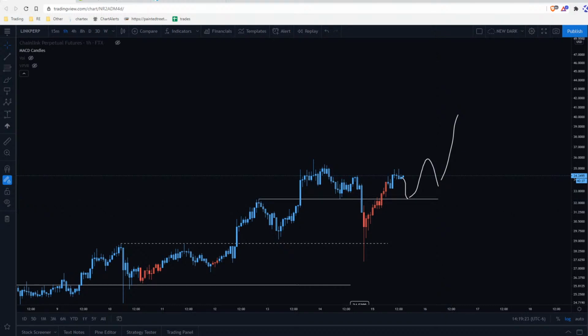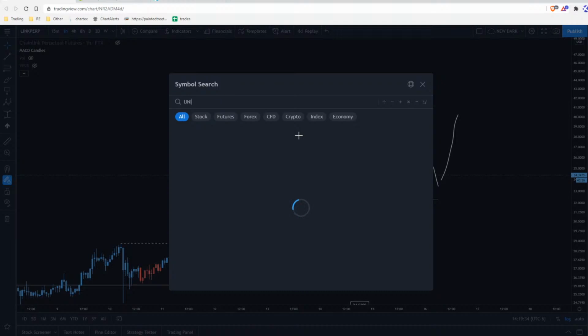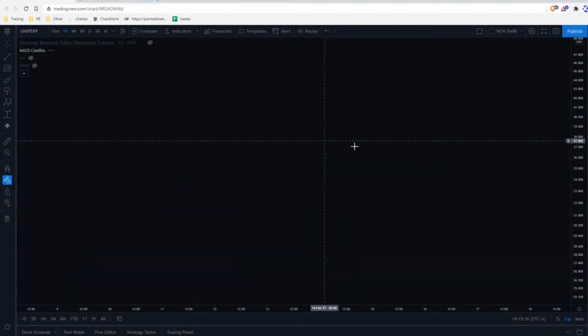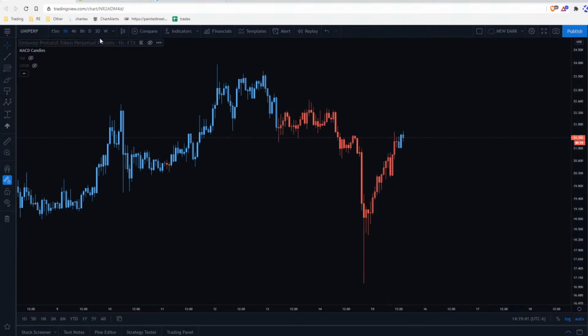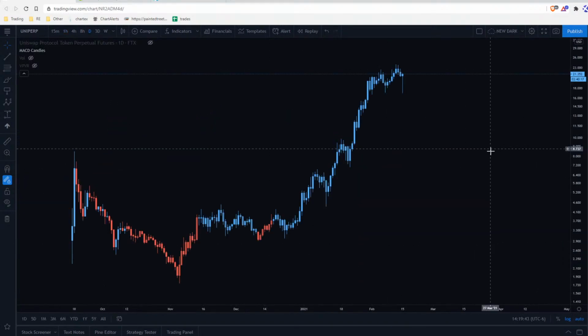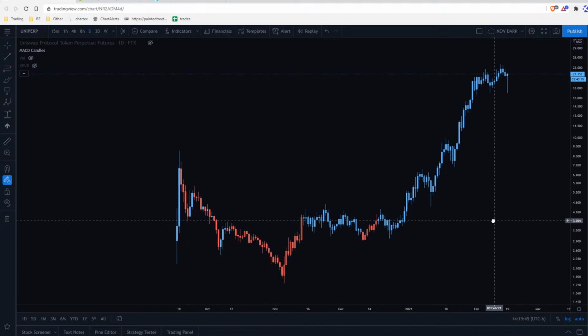So we're going to look at Uni. Let me know what else I've missed. NOIA, ORN. This one hit FTX pretty quick. Uni did. So we can start on the FTX chart, which I appreciate.